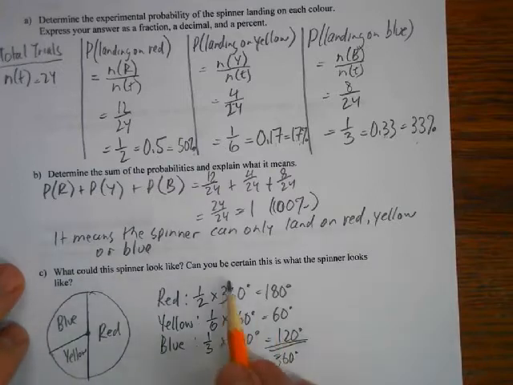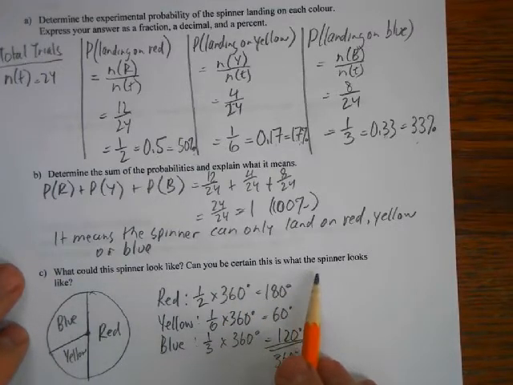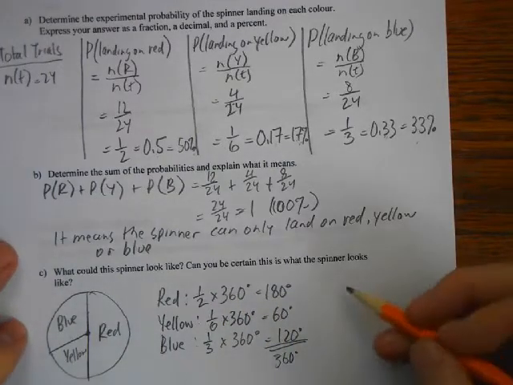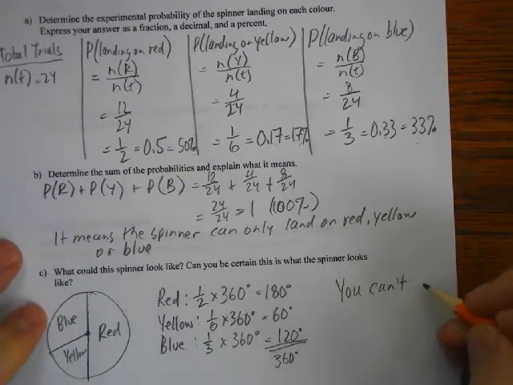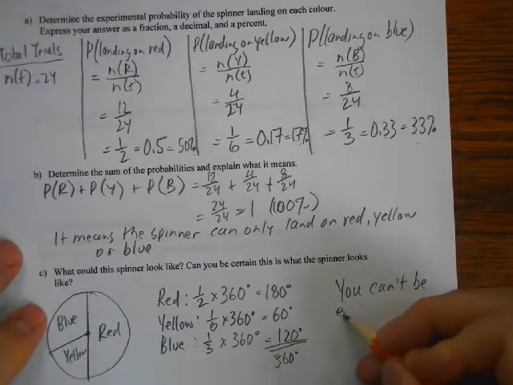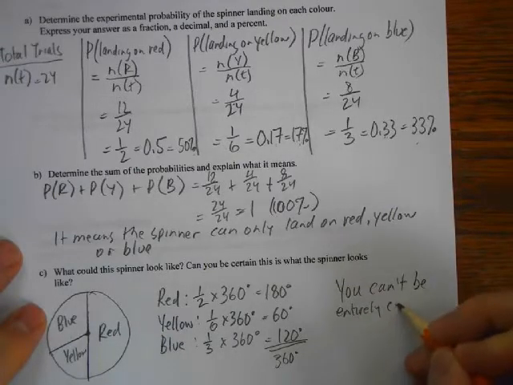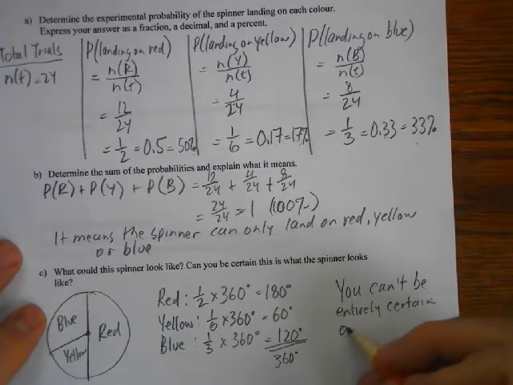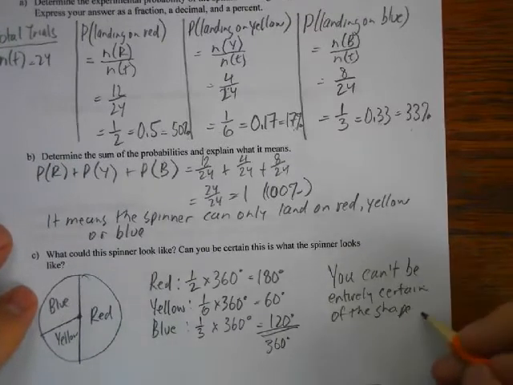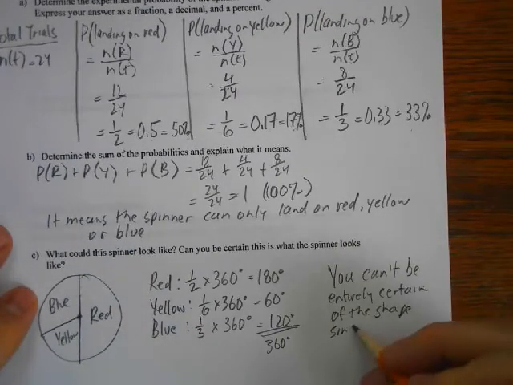It also says, can you be certain this is what the spinner looks like? And the answer is you can't be entirely certain of the shape, since it's only based on 24 trials.